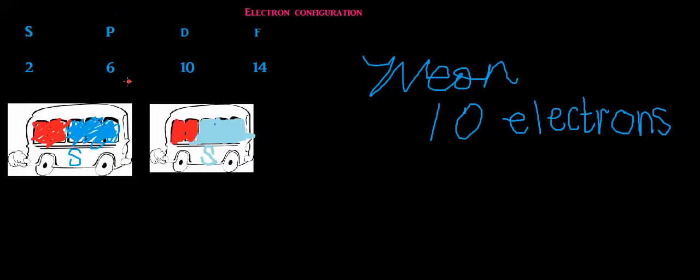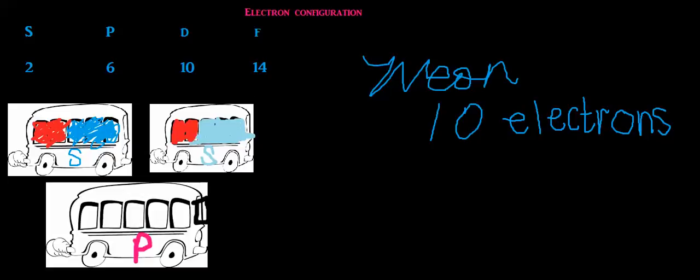Our buses only have 5, so just imagine that they have 6, or I'll draw a 6th window. Neon has 6 electrons left, and the P bus has 6 seats, so it fills up all of those seats. Let's do that all in red.